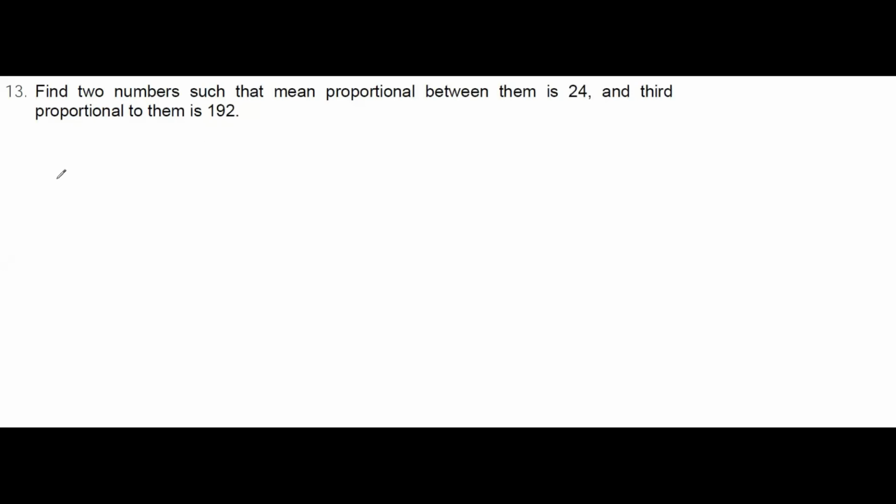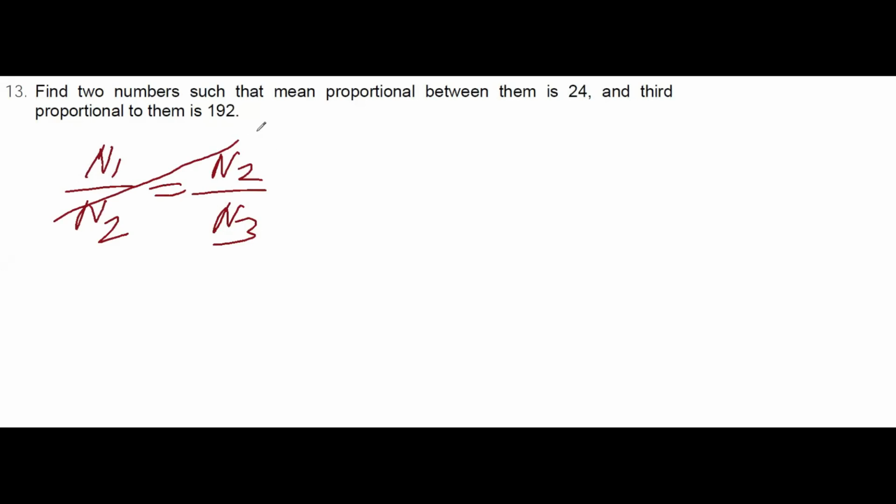Okay, so find the two numbers such that the mean proportional between them is 24 and the third proportional to them is 192. I know the concept of this. It is n1 by n2 is equal to n2 by n3. This is number one, number two, and number three. Mean proportional means this. This is my mean proportional.